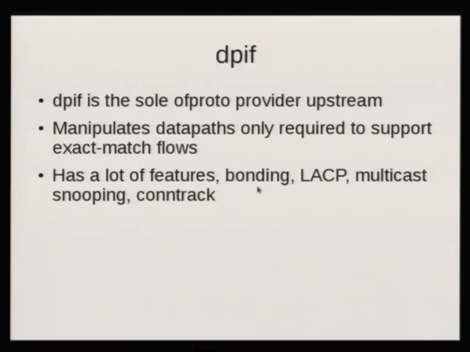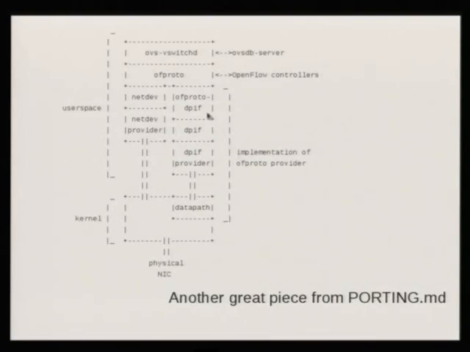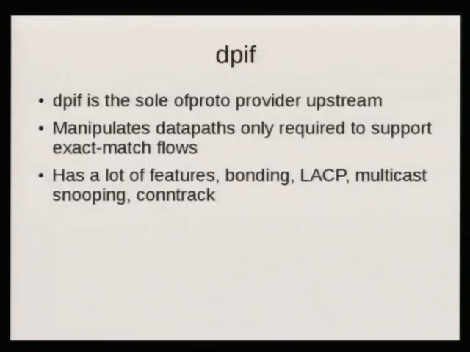If you're going to write your new OF Proto, then you need to rewrite all those features or count on your data path switch to provide that. So here we can see a clear separation from the control plane and the data plane, which is OF Proto. Because OF Proto talks to the control plane using OpenFlow, and it talks to the data plane below that. So your data plane needs to support all of those features, and that's what DPIF does.